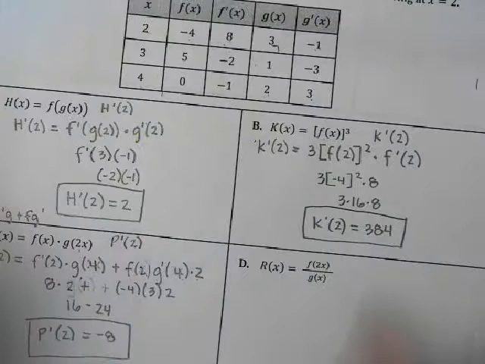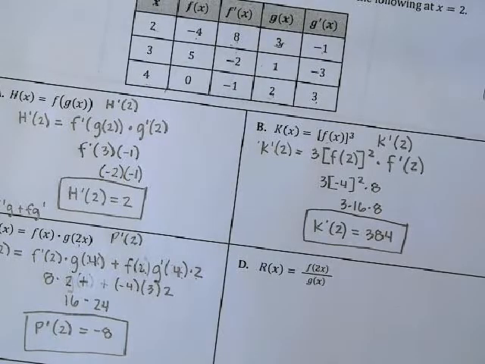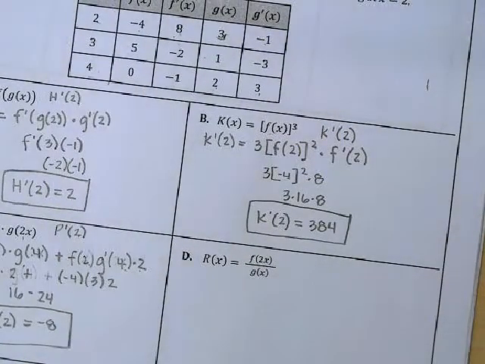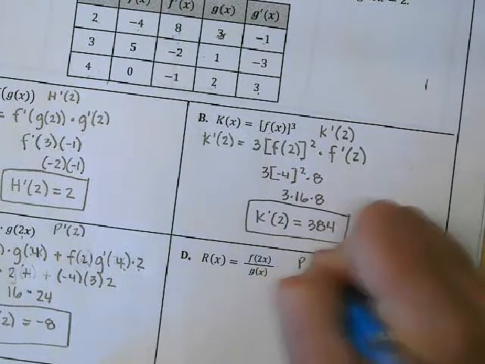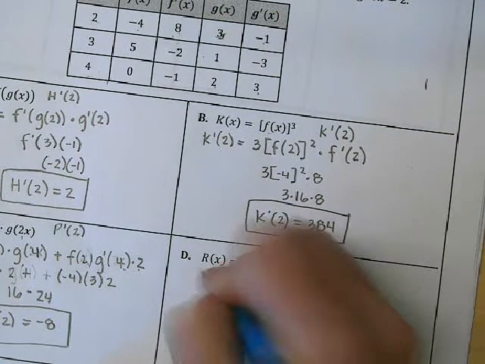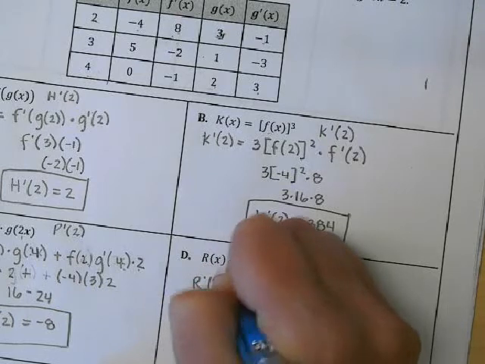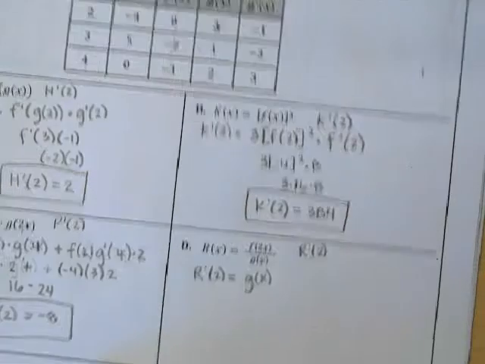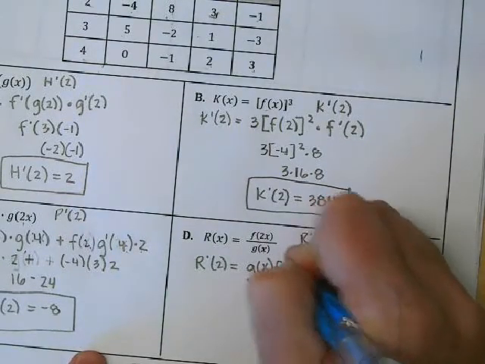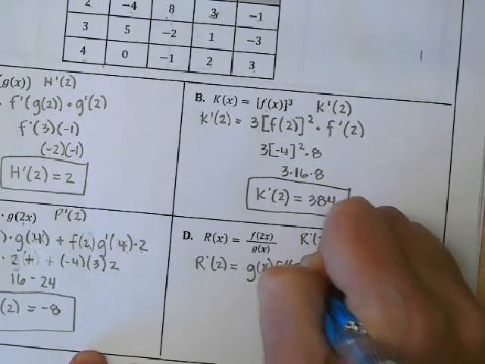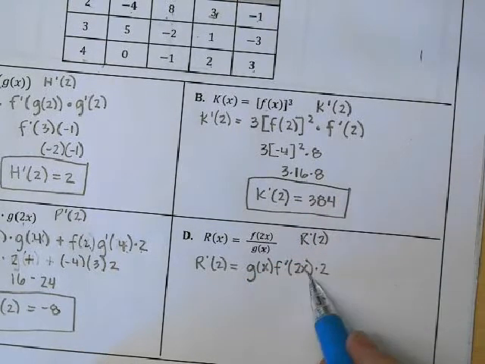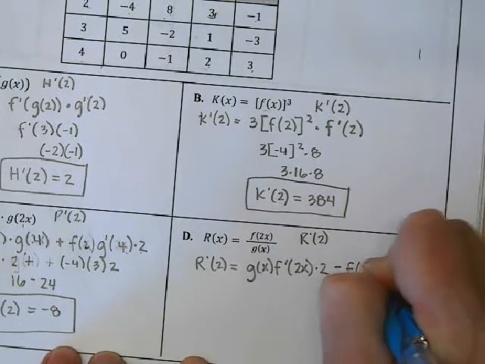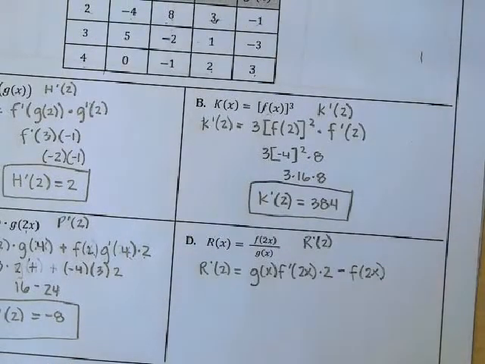Okay, let's look at one more on this page here. So this guy, I have division, so I've got to do low d high minus high d low. And I am trying to find r prime of 2. So r prime of 2: low, d high. The derivative of f of 2x, leave the baby in, find the derivative of the baby. So that's the derivative of that, minus high d low.